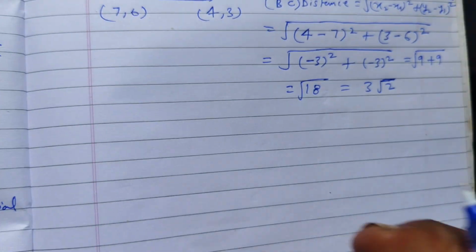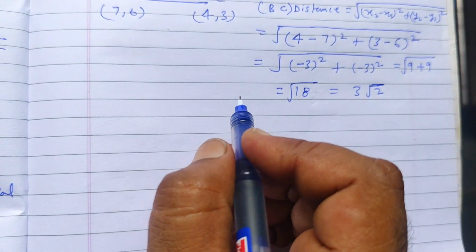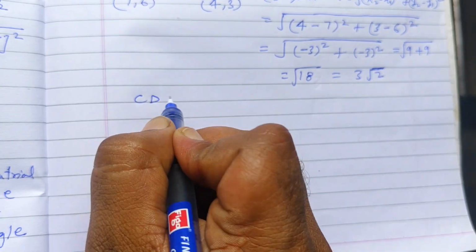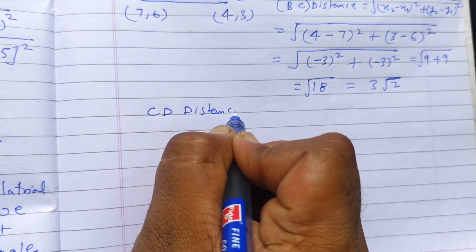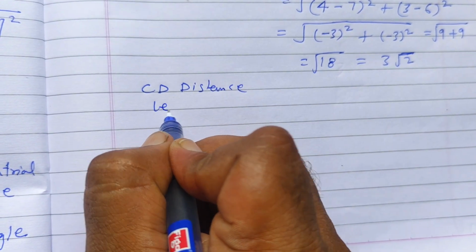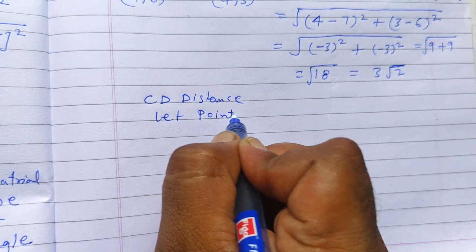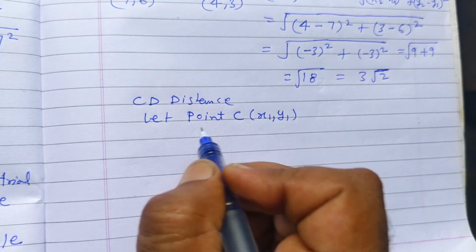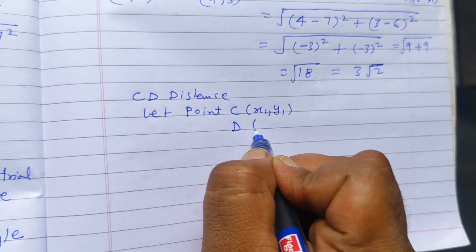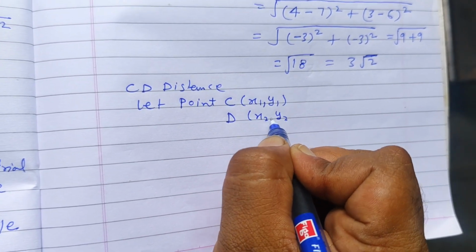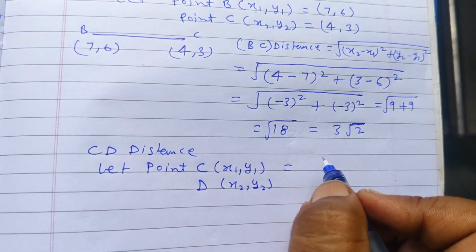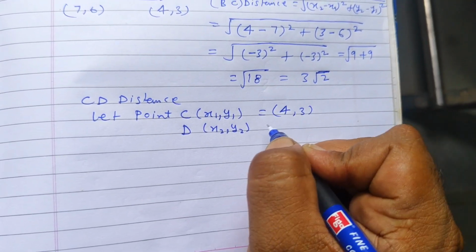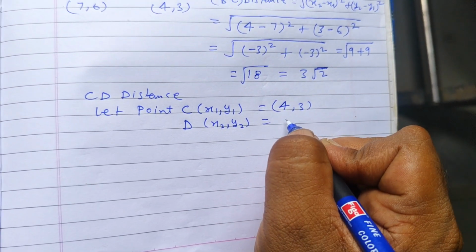Another distance, CD distance. Let point C be (x1, y1) and point D be (x2, y2), where C point is 4 and 3 and D point is 1 and 2.